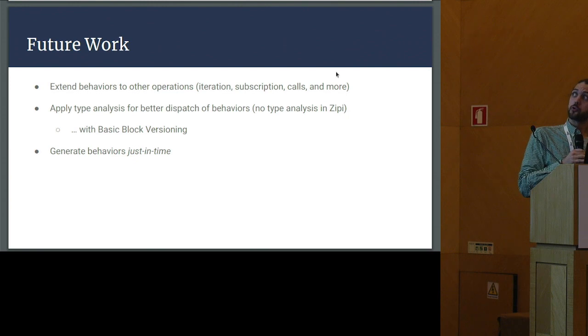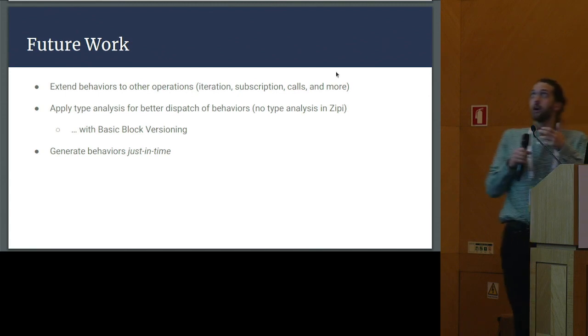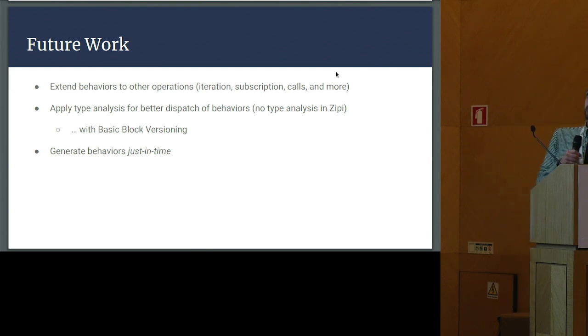In the future, what we want to do, well, we only implemented that semantics and those behaviors for arithmetic operations, comparison operations, and truthiness as well, but we want to extend it to iteration, subscription, calls, and we should be able to do it because all those do is find the correct method and call it.